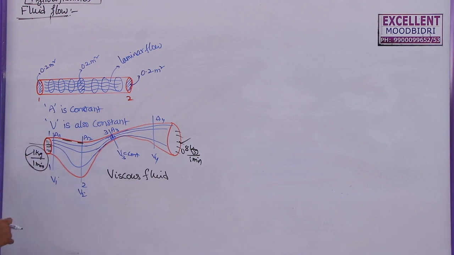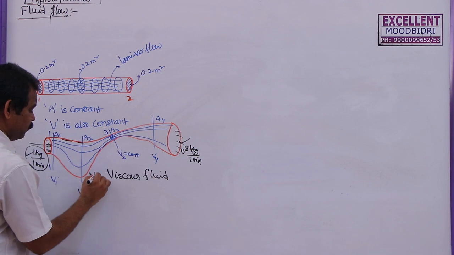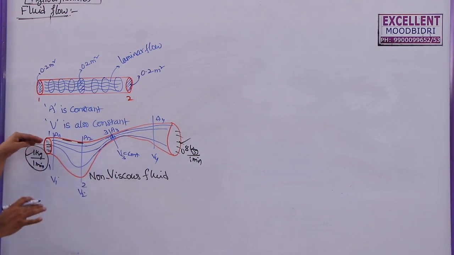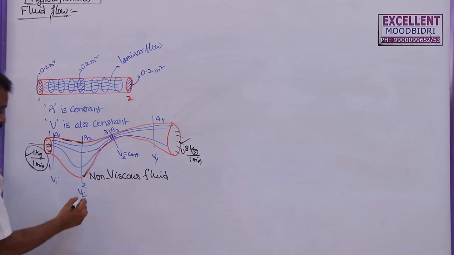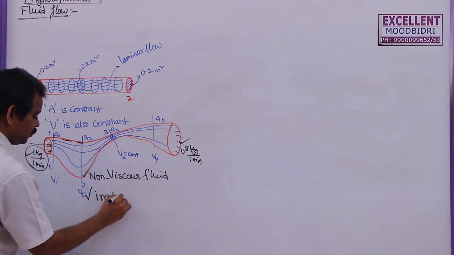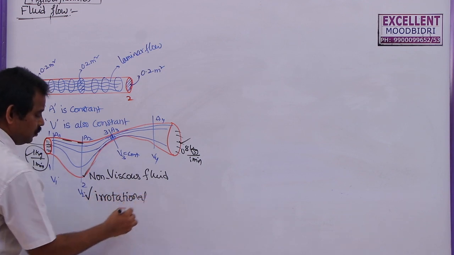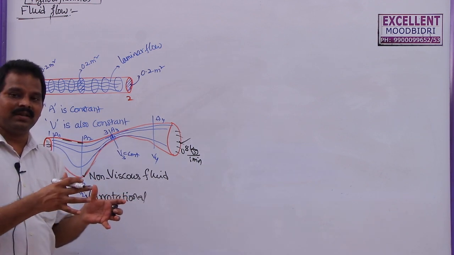So what is that rule? To arrive at the final conclusion, the first condition is that this fluid must be a non-viscous fluid. That means it should not stick to the walls of the pipe. Second one, irrotational fluid. You can see whirlpools when the velocity of the water changes.